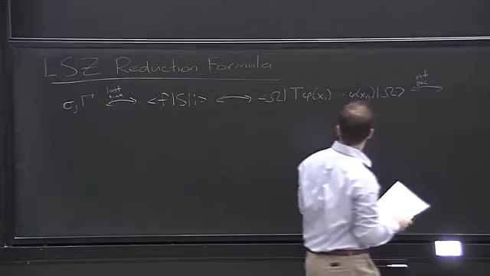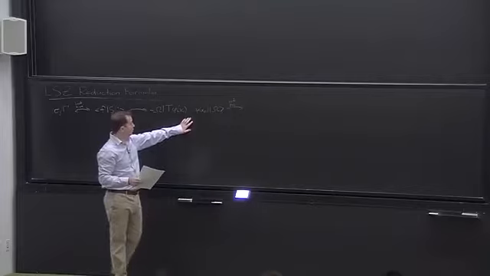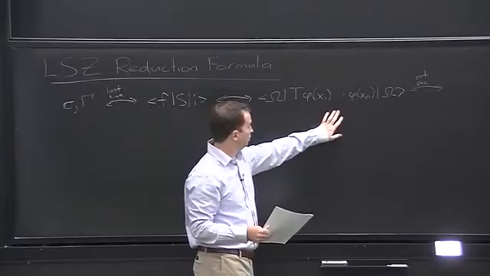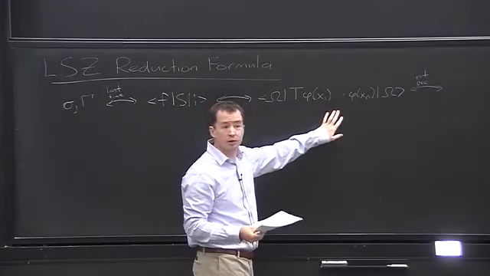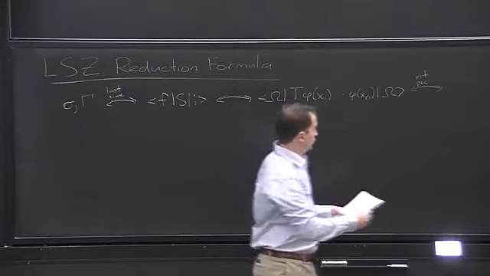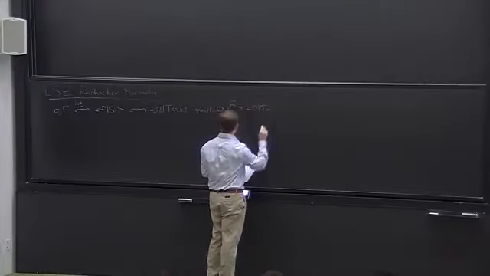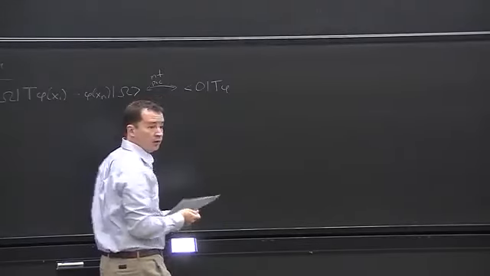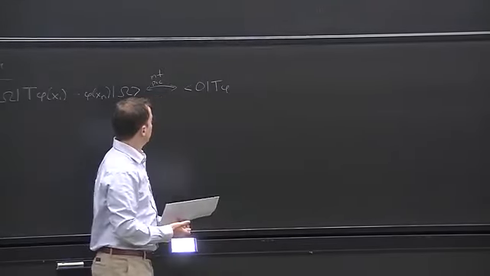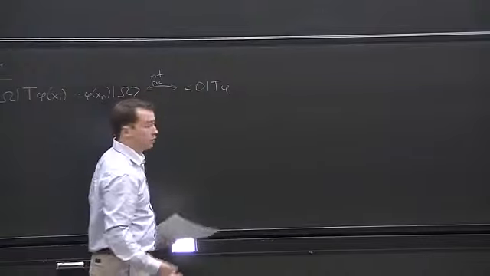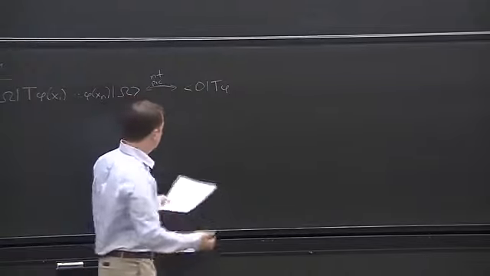And we can relate our Heisenberg picture fields for interacting theories to basically free fields by going to the interaction picture, because in the interaction picture, all of the time evolution of the operators is just given by the free part of the Hamiltonian.